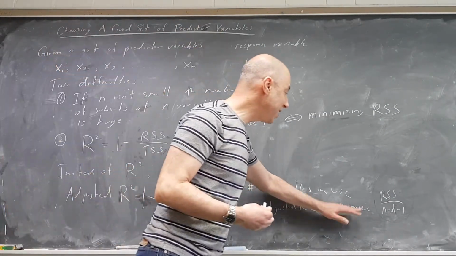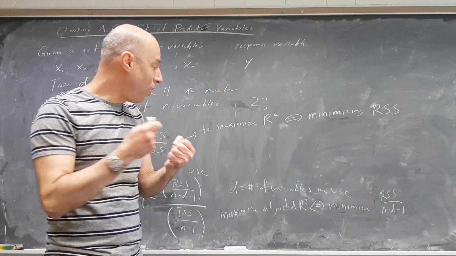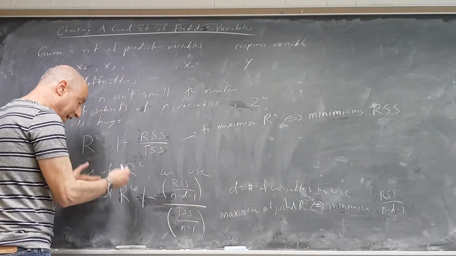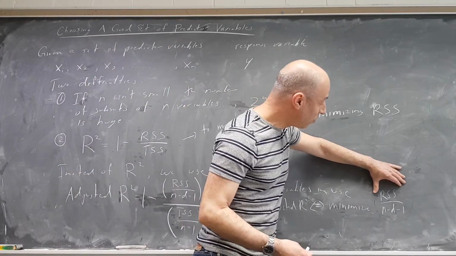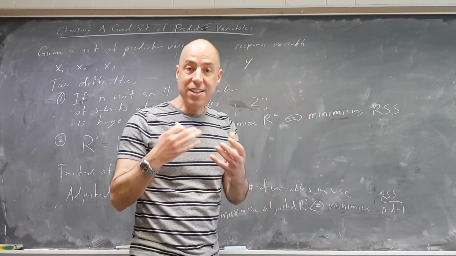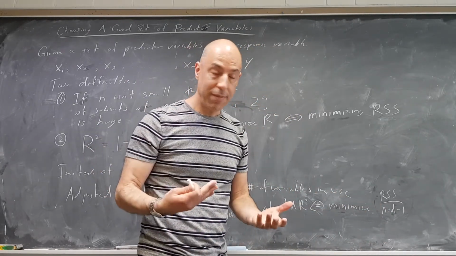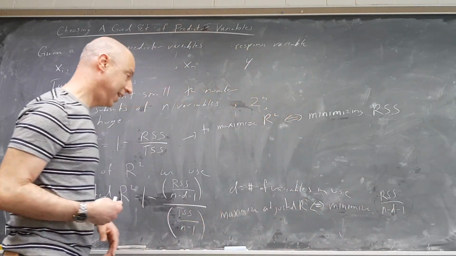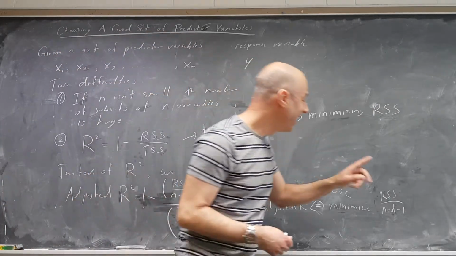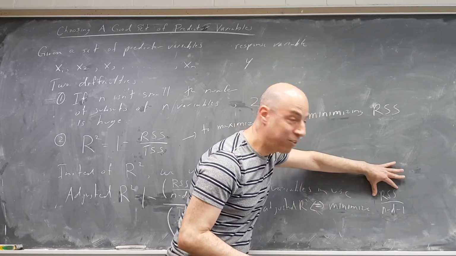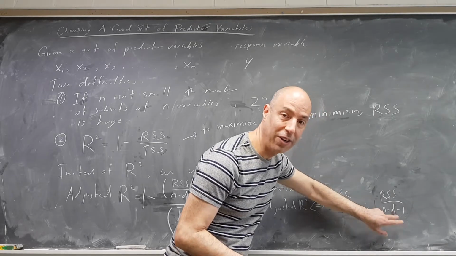So if we're trying to minimize this and I add a variable, I want my adjusted R squared to get bigger. Sorry, I take it back. If I add one more variable, I want the numerator to decrease by enough such that the fact that the denominator is also getting smaller doesn't counteract it.